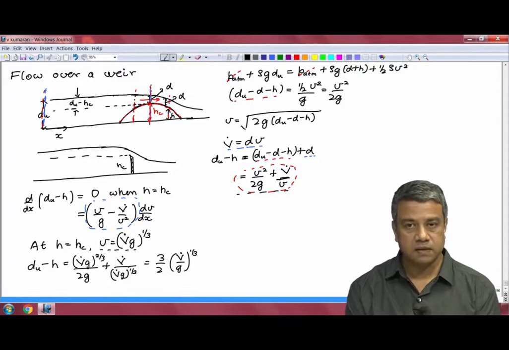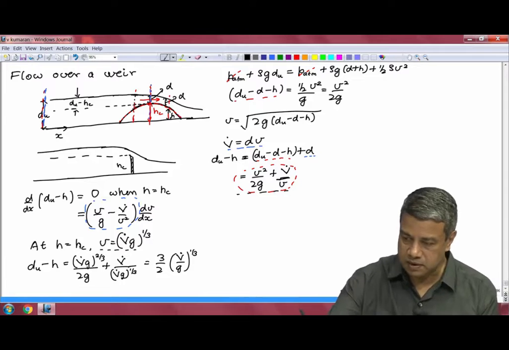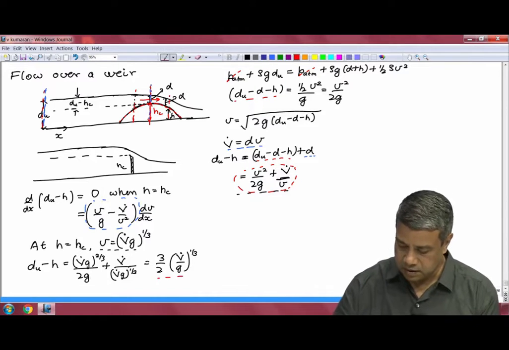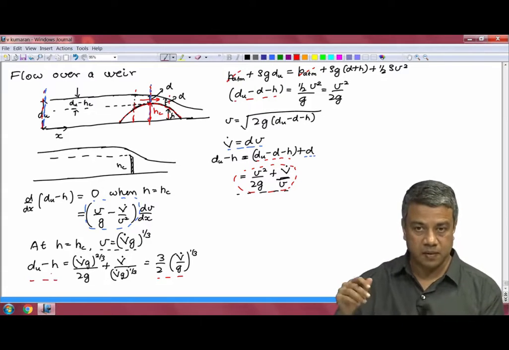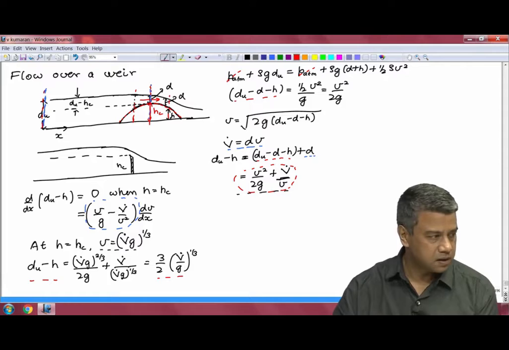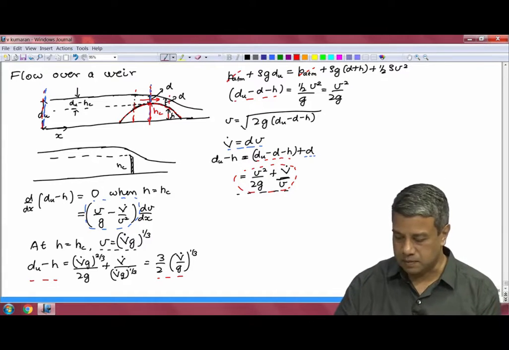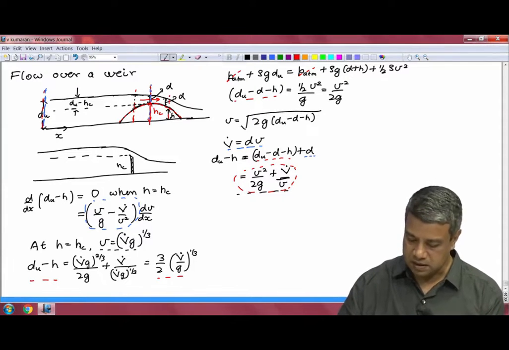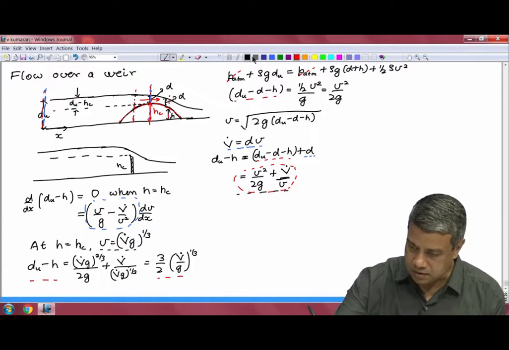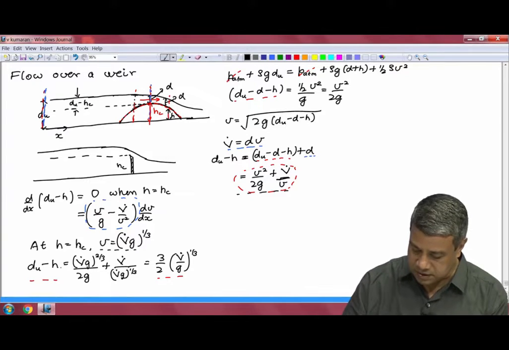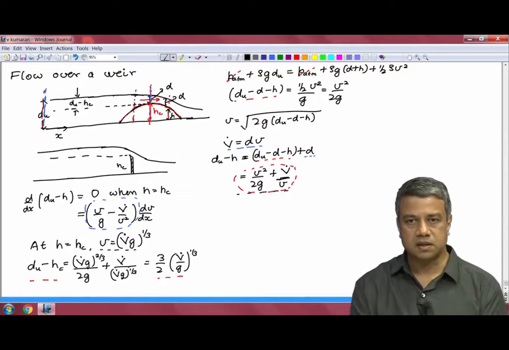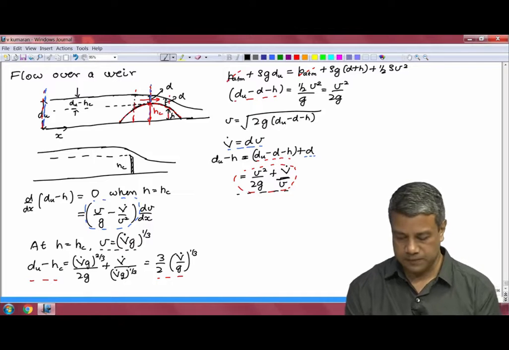So, that is the relationship between the volumetric flow rate per unit length perpendicular to the plane, and this height. I told you that this is valid at h is equal to hc. So, the left side is du minus hc.